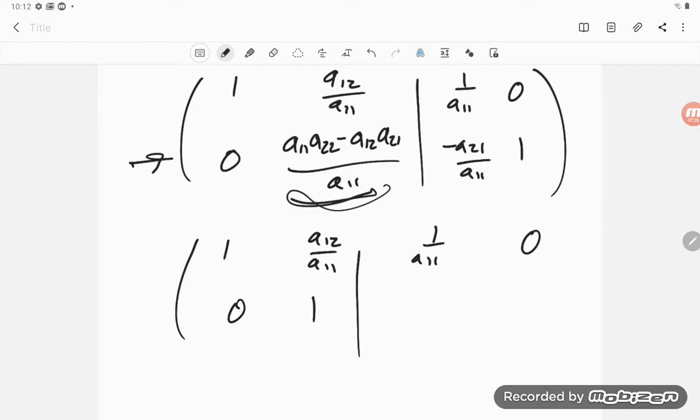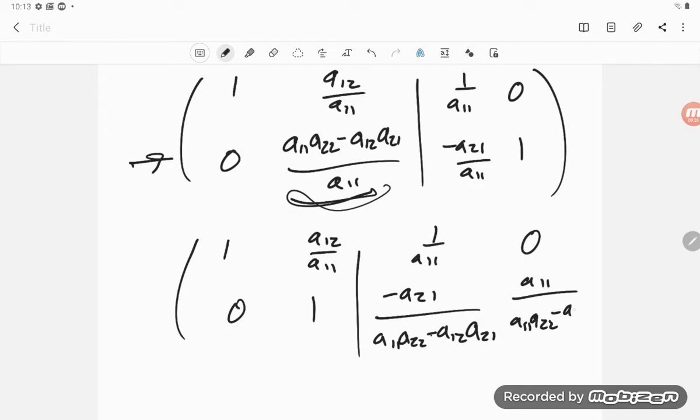Now here I have 0 and a 1. Multiplying through by the reciprocal, the a11s cancel, and so I have minus a21 over a11 a22 minus a12 a21. And also an a11 over that same thing, a11 a22 minus a12 a21.